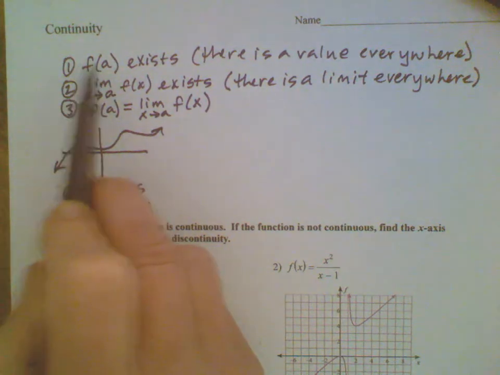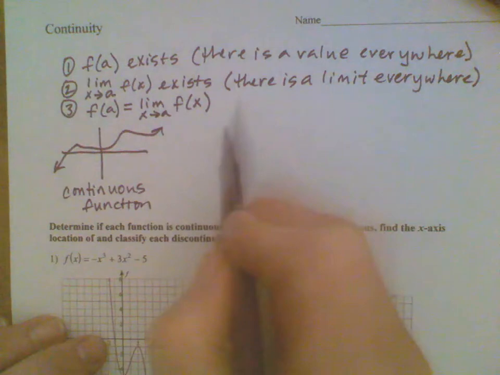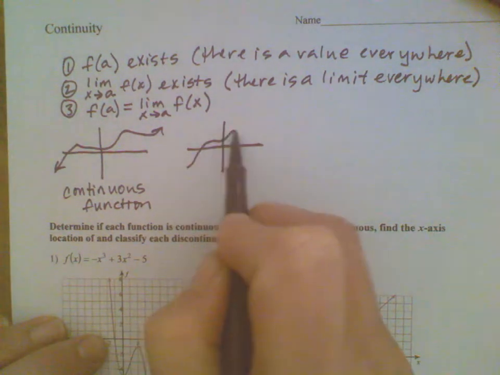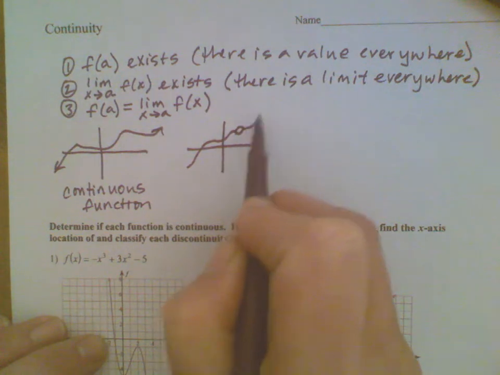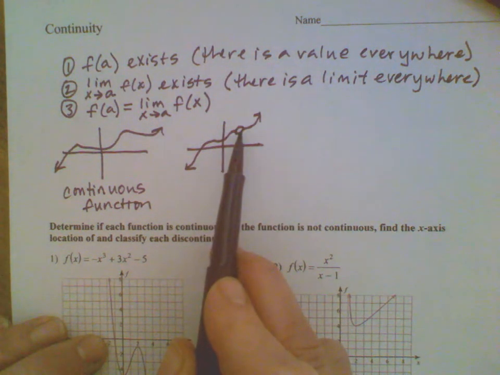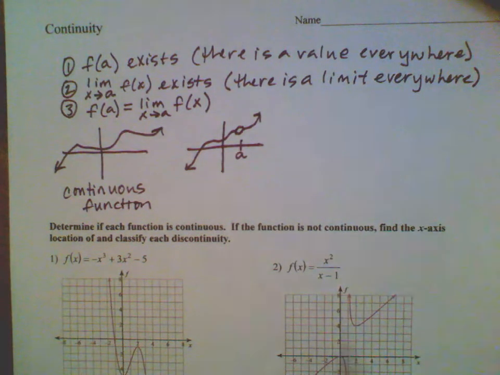So let's start with the first one. I'm going to show you a function where it doesn't have a value everywhere. If I just draw a quick little graph here, everything's good, and then all of a sudden I have a little hole. So in this one, I have no value at wherever this location is, if I call it any number.